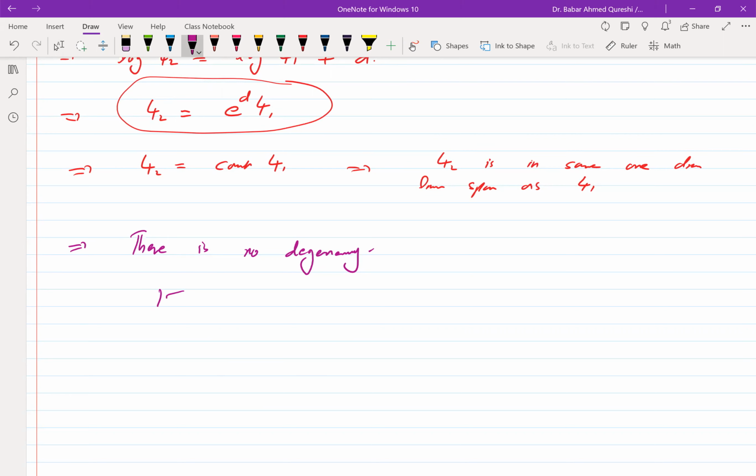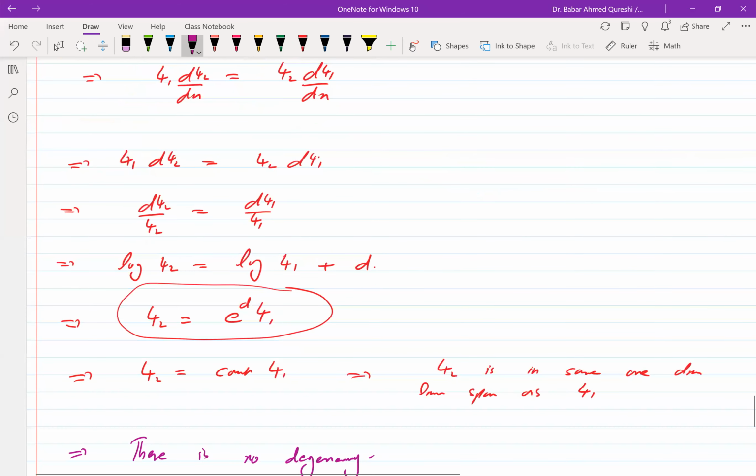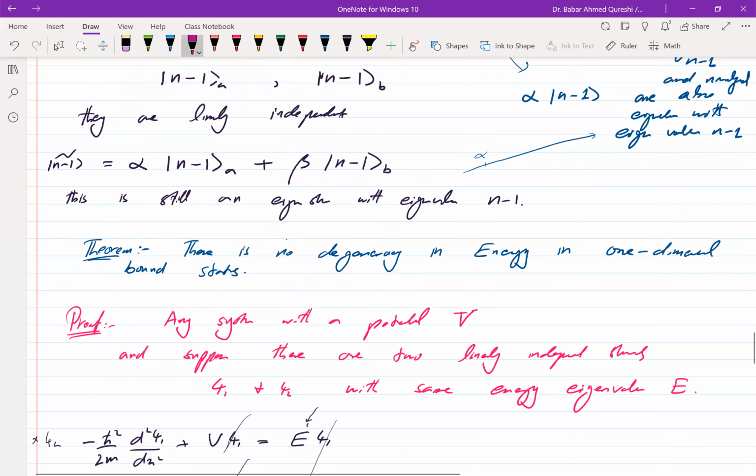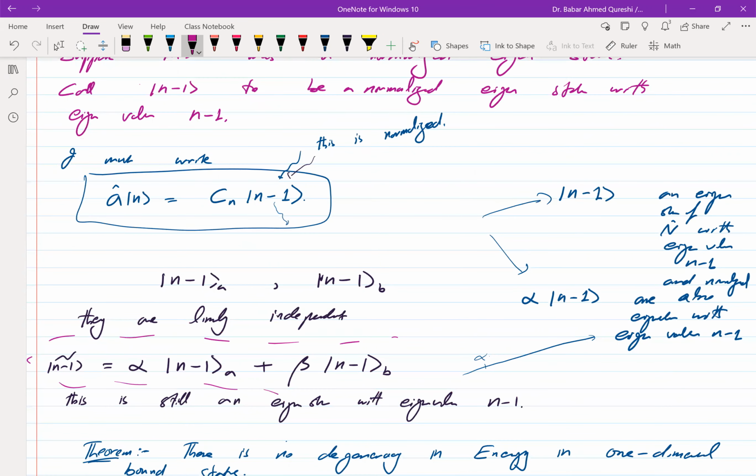If you get one eigenstate with energy E, all the others are just a multiple of it. No other, no linearly independent one. So that means I don't have to worry about anything like that. This is all I need to write. Because if n minus 1 is an eigenvalue, there's going to be only a one dimensional space, so all states will be multiples of this one normalized eigenstate.